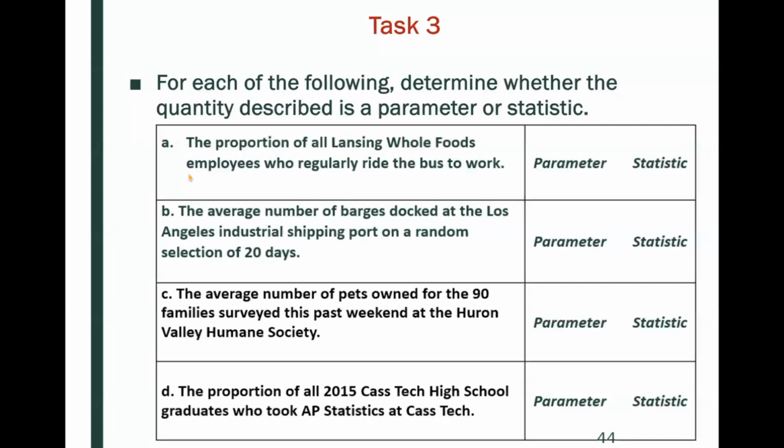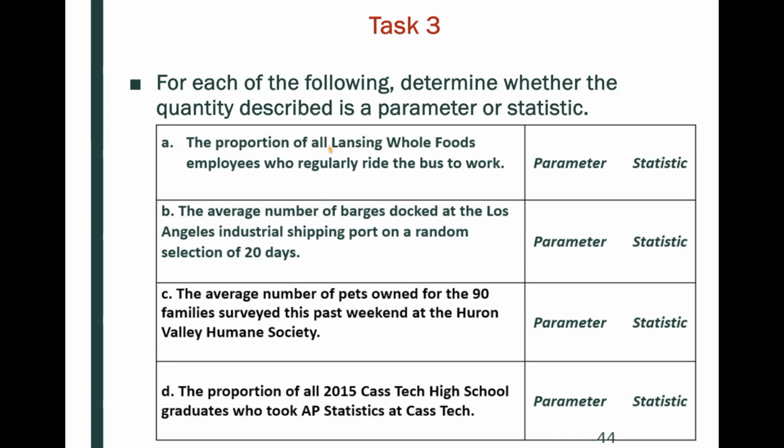Okay, so here we have the proportion of all Lansing Whole Foods employees who regularly ride the bus to work. That would be a parameter because here's our keyword, all, the Lansing Whole Foods employees who regularly ride the bus.